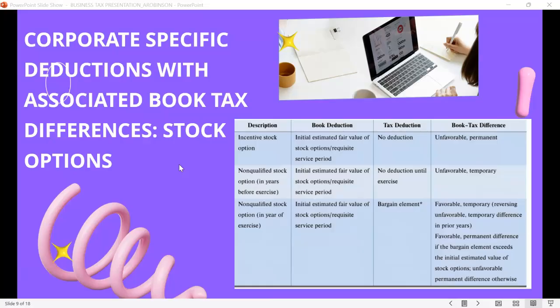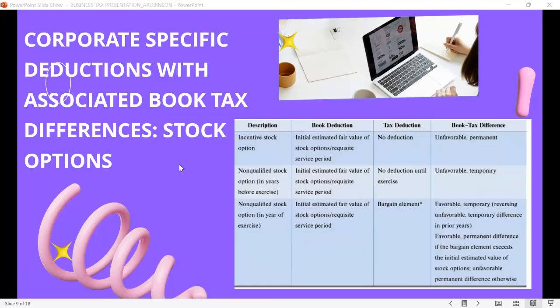The unfavorable book tax difference related to NQOs equals the value of the options vested during the year that are not exercised. The temporary unfavorable book tax difference reverses in the year that the employee exercises the option. Also for NQOs, the tax deduction will differ from the compensation expense deducted for book purposes.